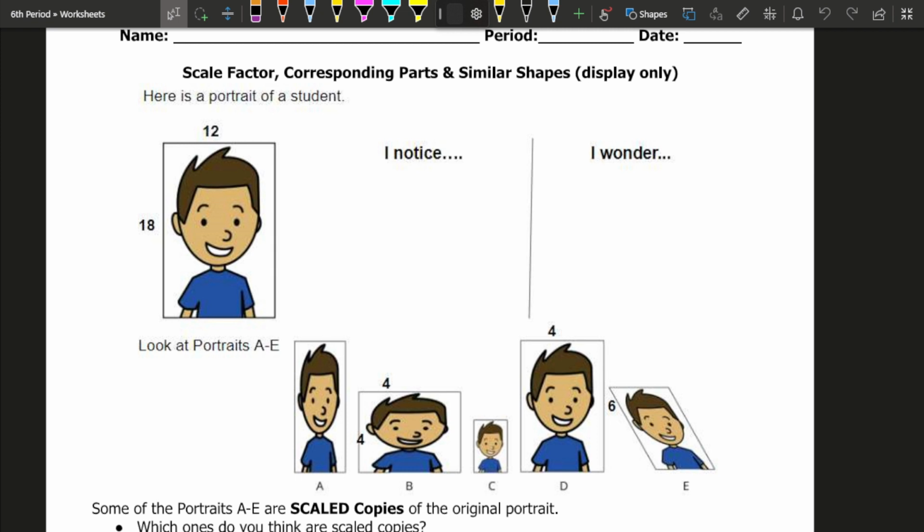This is the original, the big one on the top left, and you're looking at portraits A through E. What do you notice? What do you wonder? Whatever you notice, whatever you wonder, just go ahead and write it down. I'm going to give you a minute.